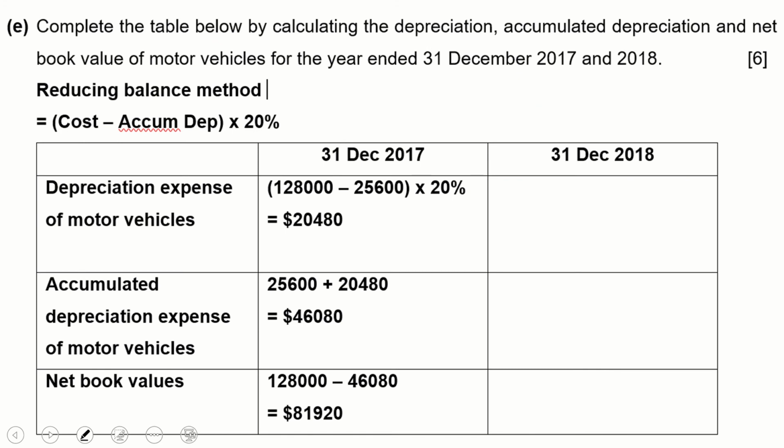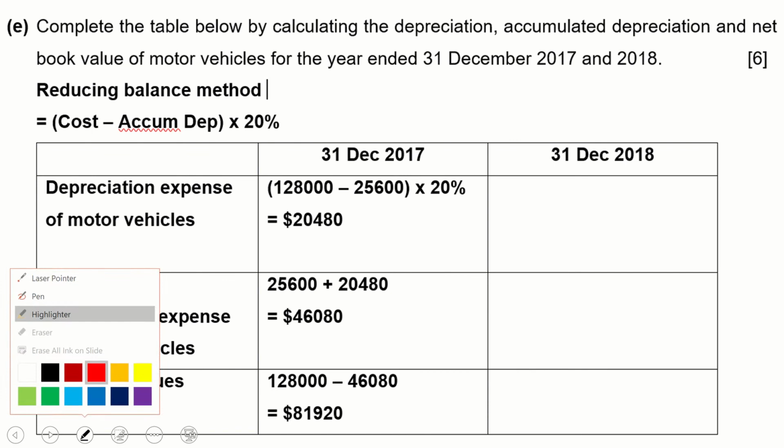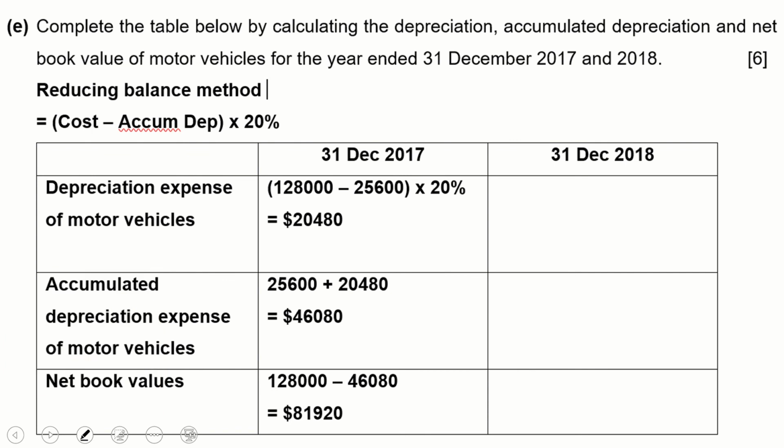Right, the next question, you are asked to complete the table by calculating depreciation, accum depre, and the net book value. Firstly, you need to recall that for the reducing balance method, the formula is cost minus accum depre. Hence, in the first year, 2017, the cost is still 128000.